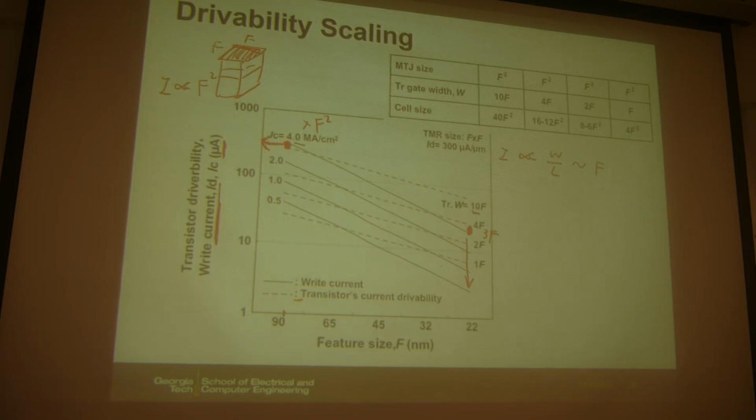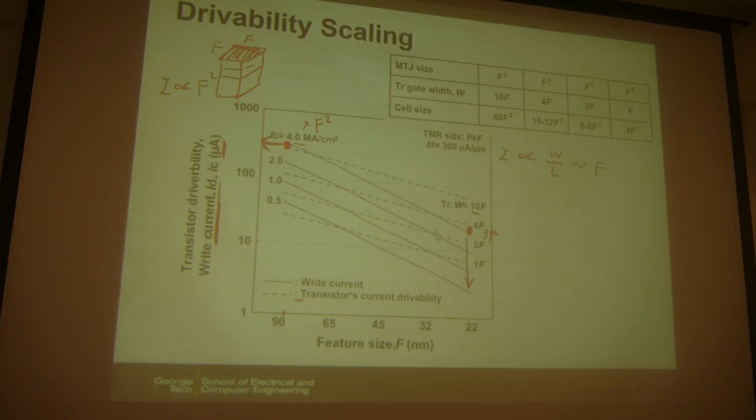So any questions here? Is there a current limit that a transistor can provide to the current that the MTJ needs? Is there scaling? You mean is there a limit for transistor or for MTJ? For MTJ, because during scaling, the current that the transistor can provide will also be scaled, right? But as we discussed, the MTJ scales faster than the transistor.